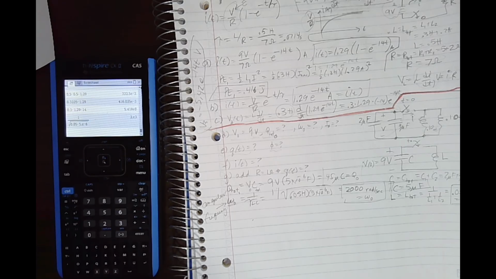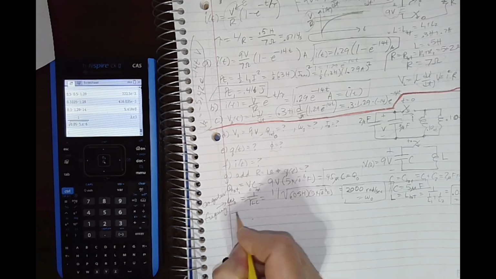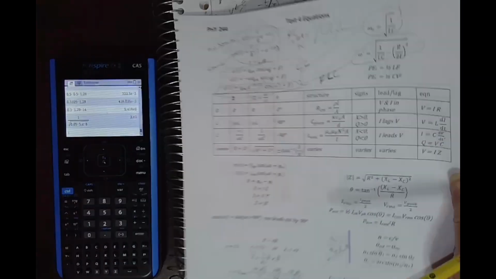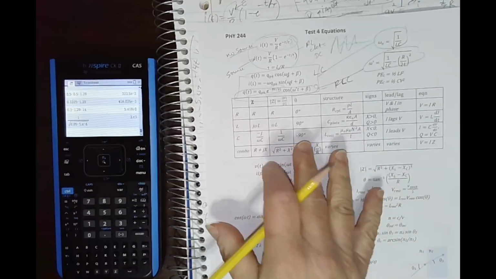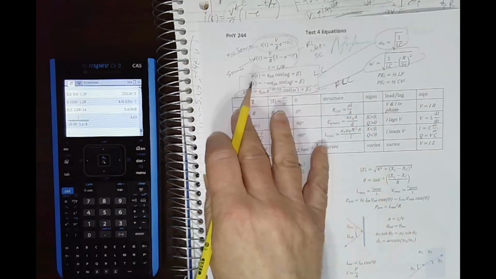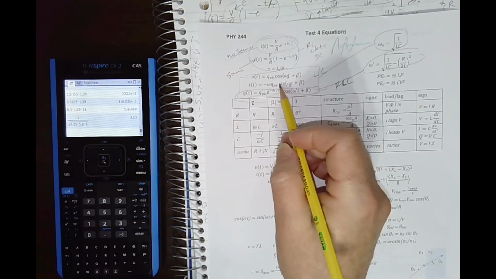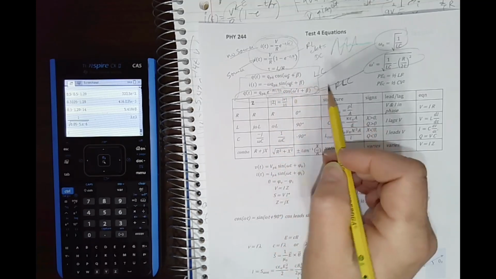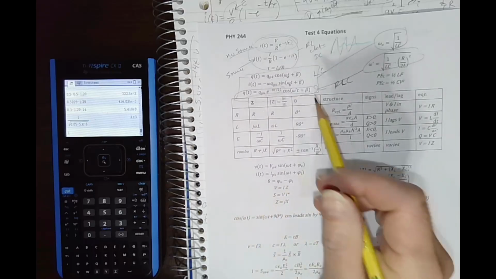And then I naught. What is the initial current? I didn't give an equation for it on the equation sheet, but notice that the voltage, the charge and the current are in phase with each other. They have the same starting angle, which I'm calling beta here and phi in the example problem.